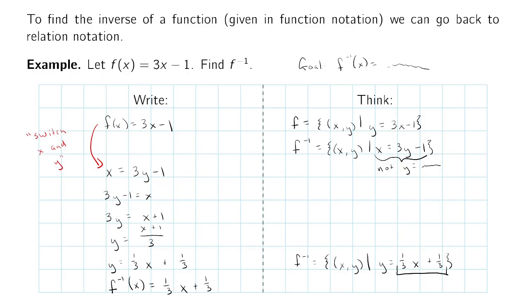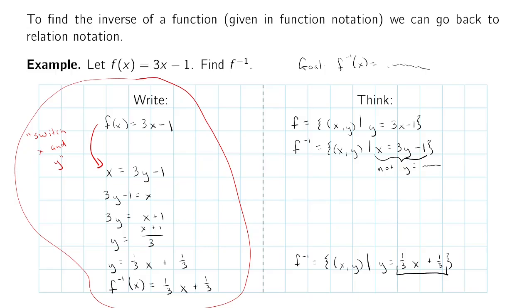But the reason behind this switch x and y move, behind the curtains, is that taking the inverse relation is fundamentally switching the x coordinate with the y coordinate. In practice, this side is all we'll write down in this process. We'll just make that switch x and y move, understanding that the relation notation is going on behind the curtain.